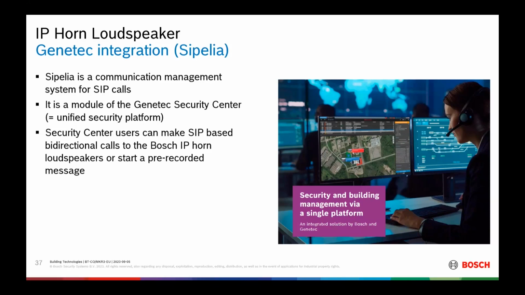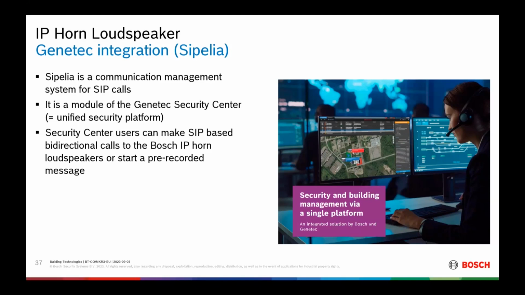With this module, Security Center users can make, receive, and manage SIP-based voice and video calls over a network, and thus they can also make a bidirectional call to the IP horn loudspeaker and a one-way call to the IP amplifier module.